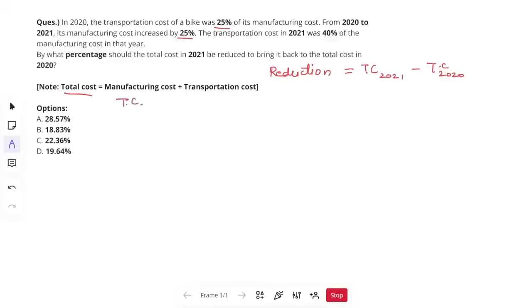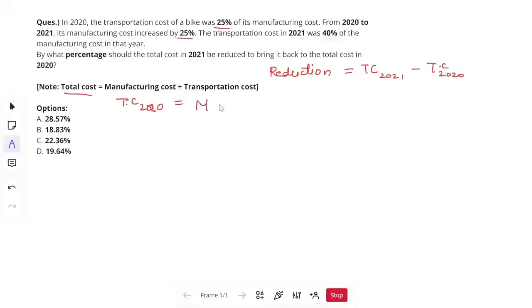So total cost in 2020 will be equal to what? Manufacturing cost in 2020 is not given, so let's suppose it to be M. Okay, because it is given as 25% of manufacturing cost.